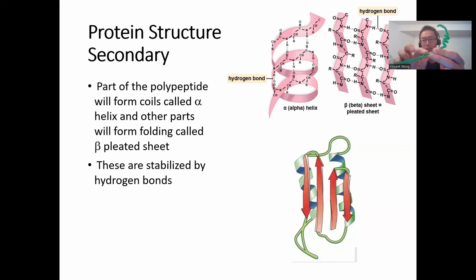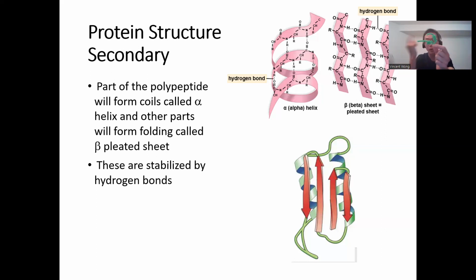And then some other part might form a zigzag. You see that? Like this zigzag, which is flat. Look, it's flat. I don't know if you can see it. This is the zigzag, and then the coil is kind of 3D. You see the difference? I hope you do. All right, my very low budget prop here.